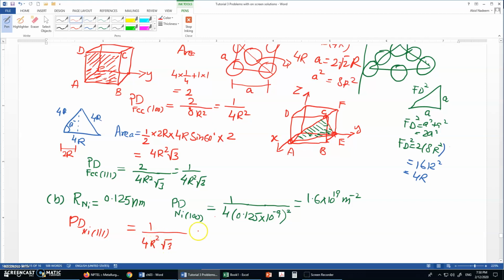If you input these values over here, this value will be equal to 1.848 times 10 to the power 19 per meter square. So you can see that the planar density of nickel in the 111 plane is slightly higher than in the 100 plane.